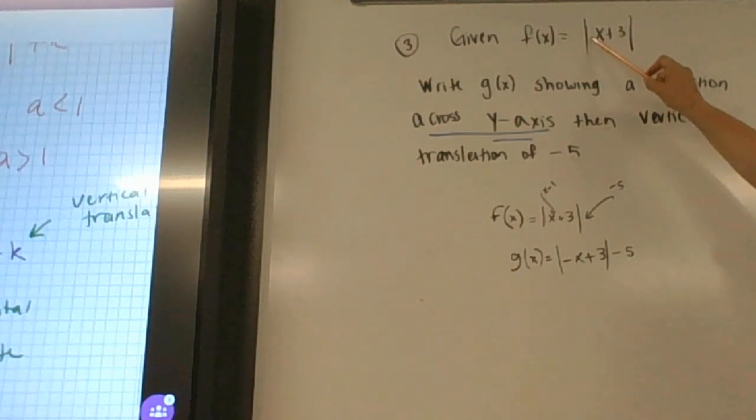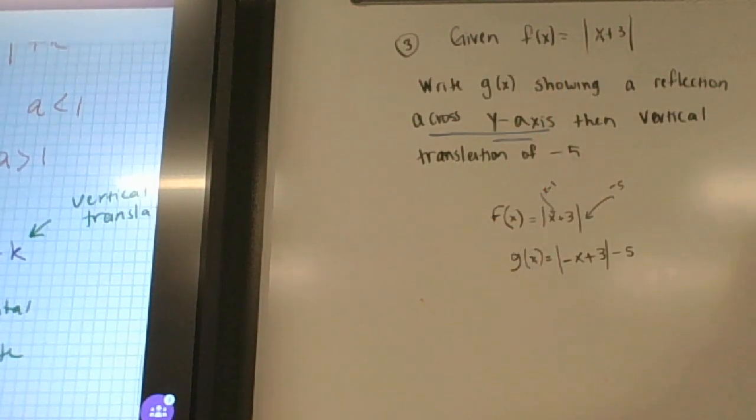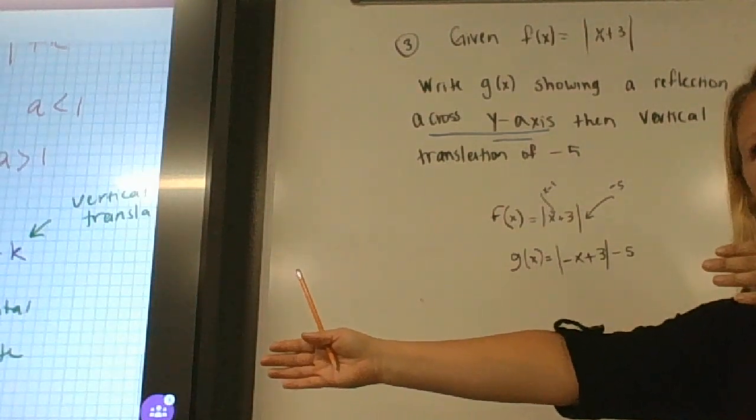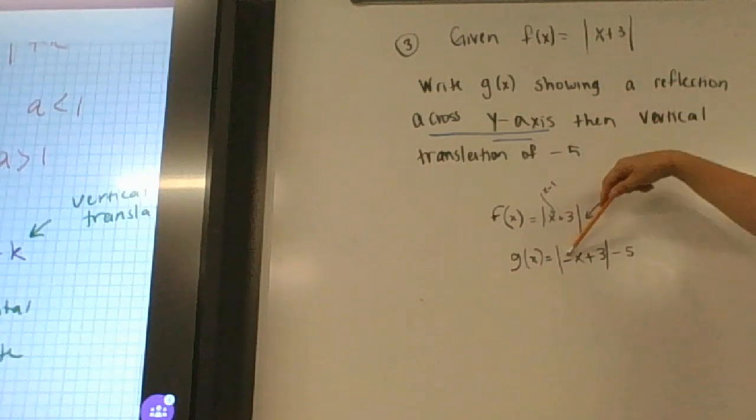So all they did was put a negative 1 right here. You don't want to change the whole thing. The whole graph isn't changing. When you reflect across y, it's flipping this way, right? So you're working here on the positive x-axis, and you want to reflect it this way. The only thing that changes is the x's go from the positive side to the negative side. Okay, in a really simplistic way. So it went from positive x's to negative x's.